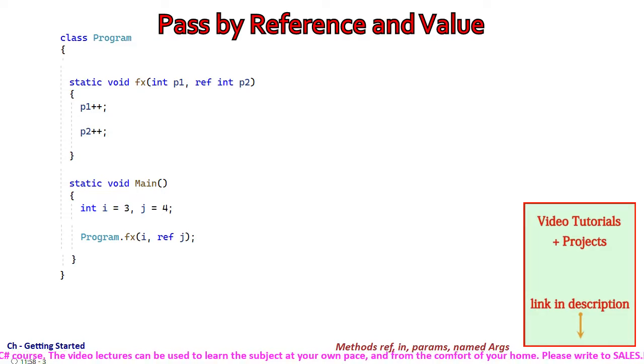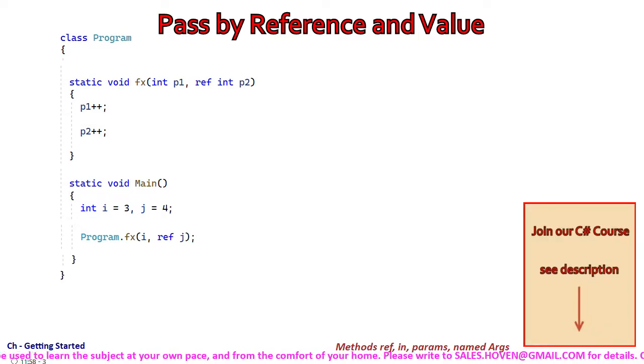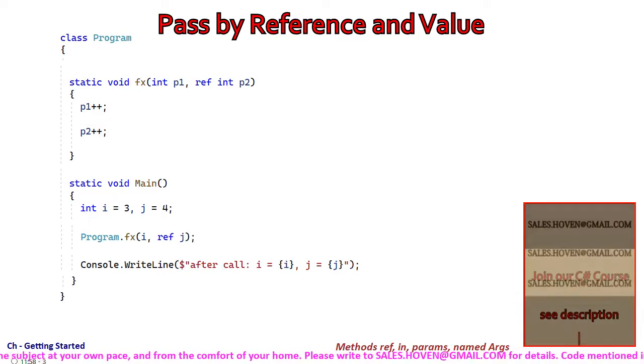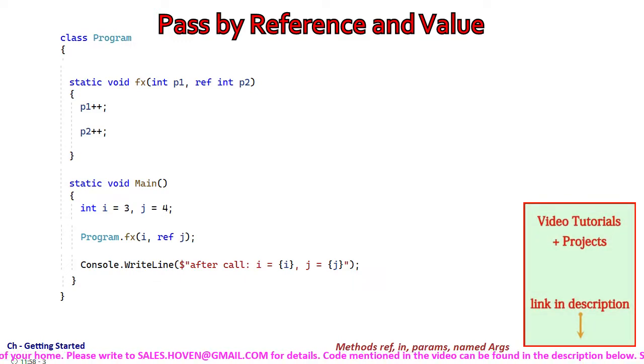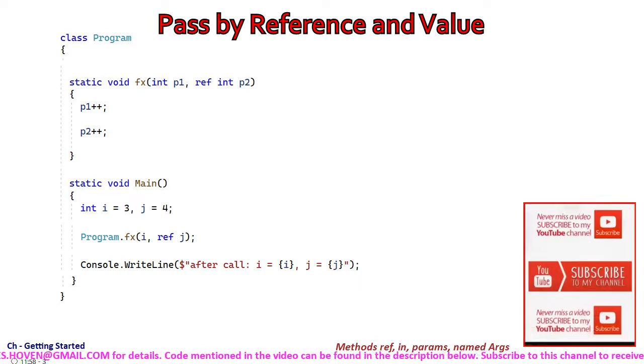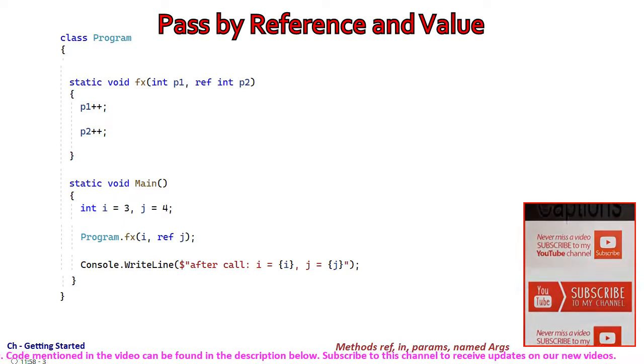The ref keyword is required at the time of calling this function. And finally, the variables are printed after the function call. We expect i to remain unchanged because it was passed by value, and we expect j to have been incremented because it was passed by reference.